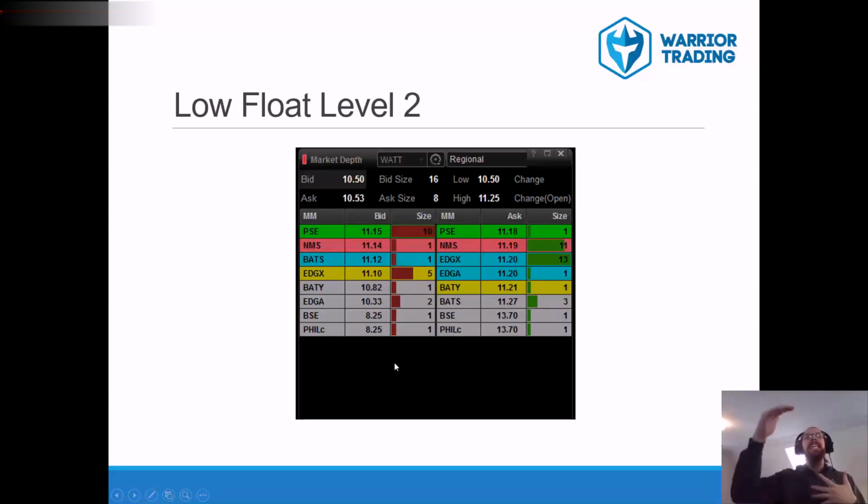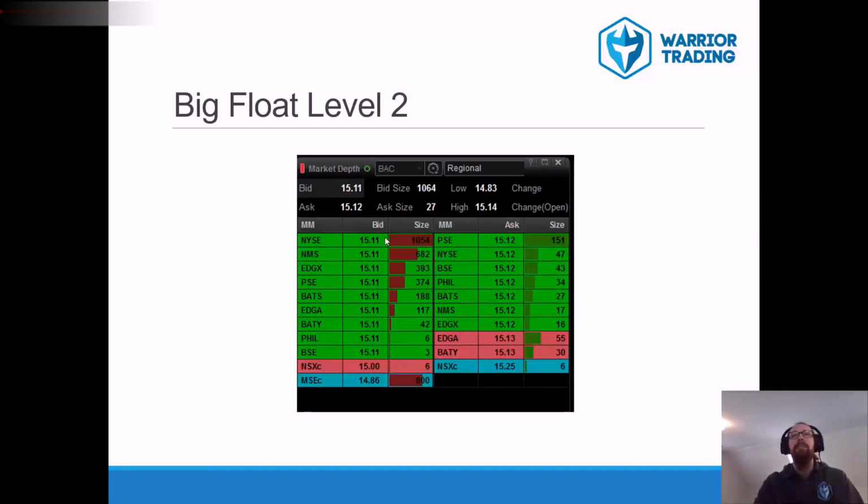You can see that it's a little bit thinner. So when we talk about the stock being thin, this is what we mean. We mean that there aren't as many buyers or sellers wanting this stock. That means when you have a big buyer, or when you have a lot of buyers come in, the stock can move very quickly, right?